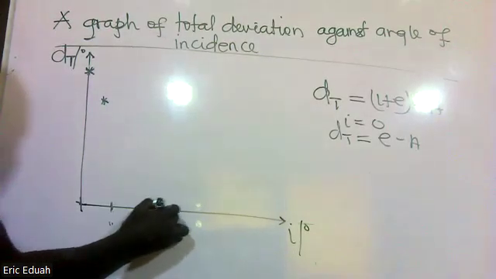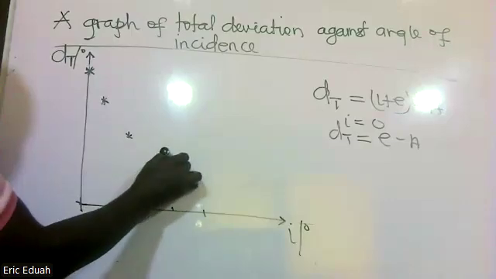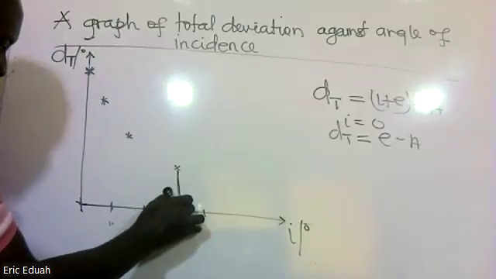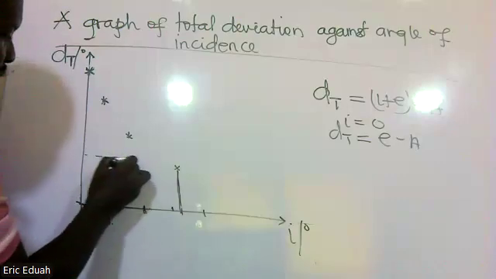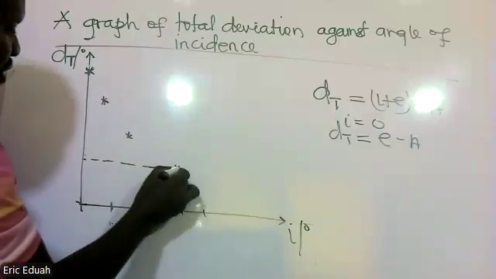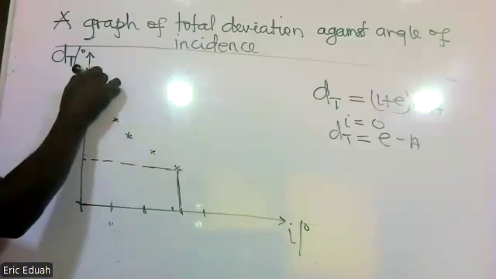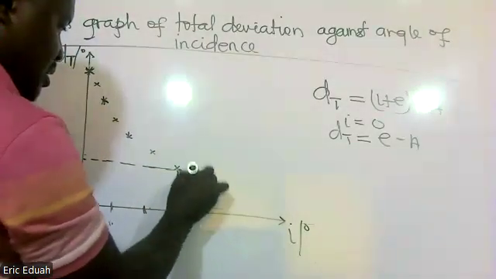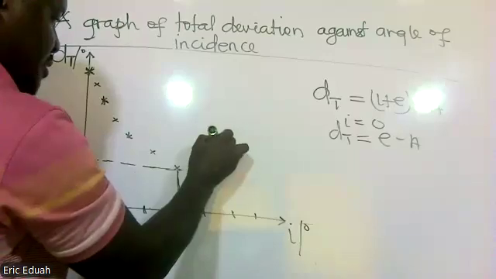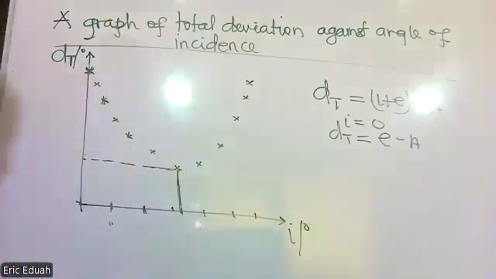This will be decreasing. Then, at a particular angle of incidence, the deviation will reach its minimum value, and then begin to increase as I increases, and then increase to the maximum again.